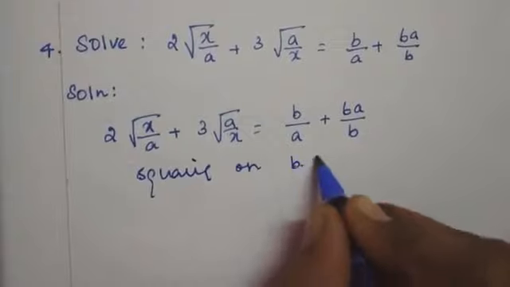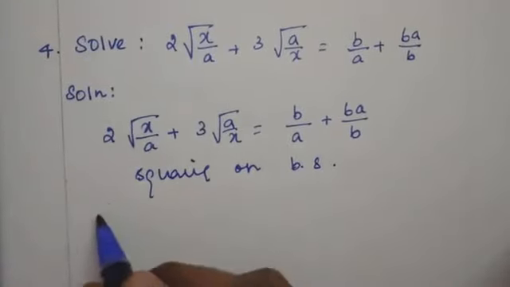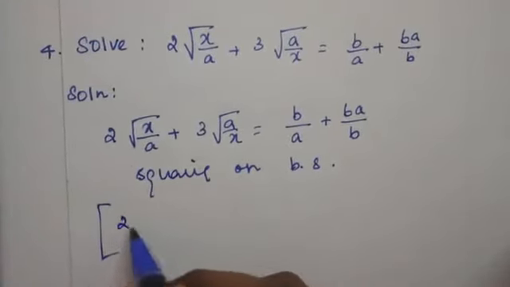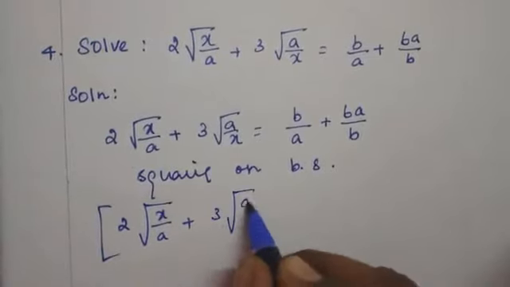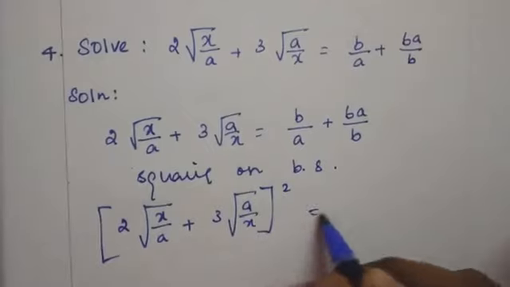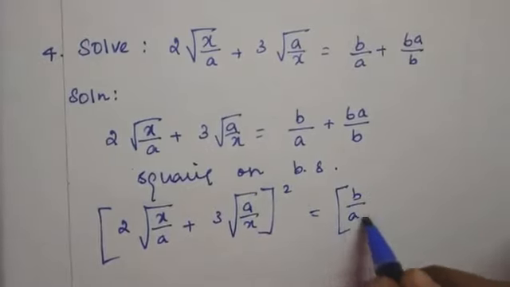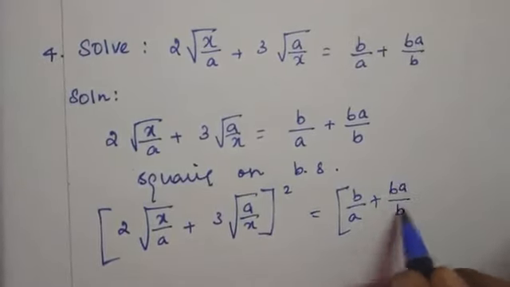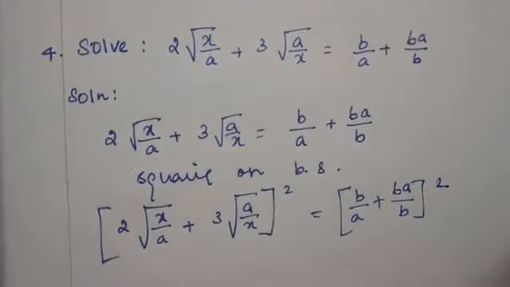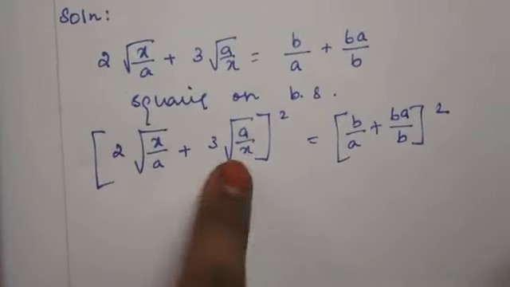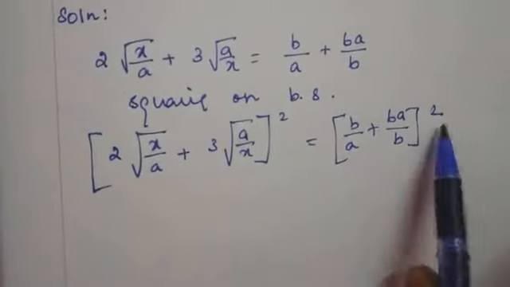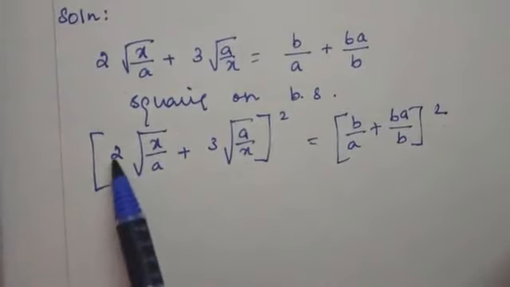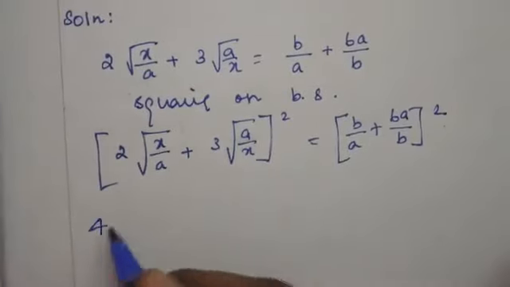Squaring on both sides. If you are squaring on both sides, then your left hand side is 2 into root of x by a plus 3 into root of a by x the whole square, which is equal to b by a plus 6a by b the whole square. So a plus b the whole square, which is equal to a plus b the whole square: a square. 2 square is 4.